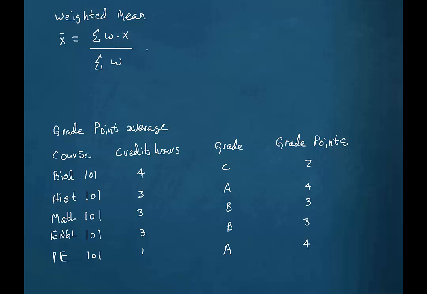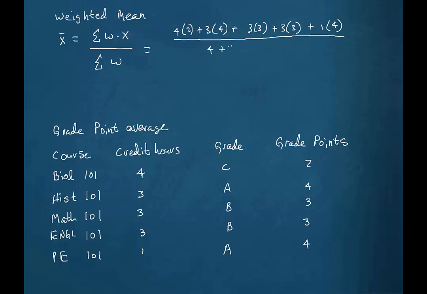So how does this calculation look now? It would be 4 times 2 plus 3 times 4 plus 3 times 3 plus 3 times 3 plus 1 times 4. The weights times the data values divided by the sum of the weights.